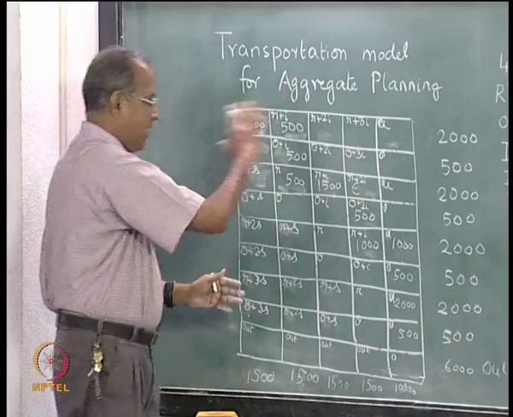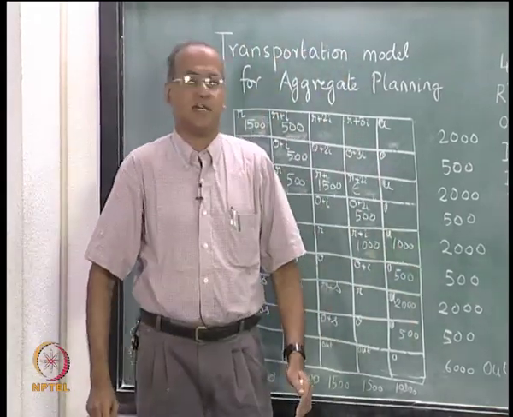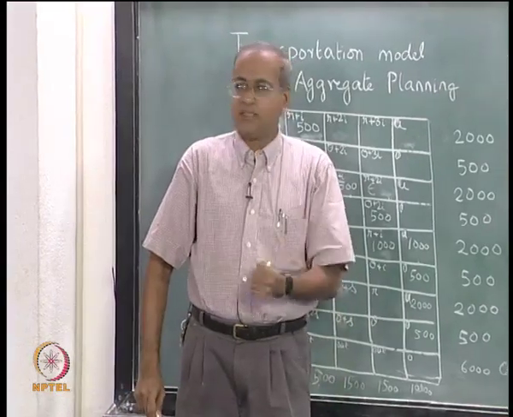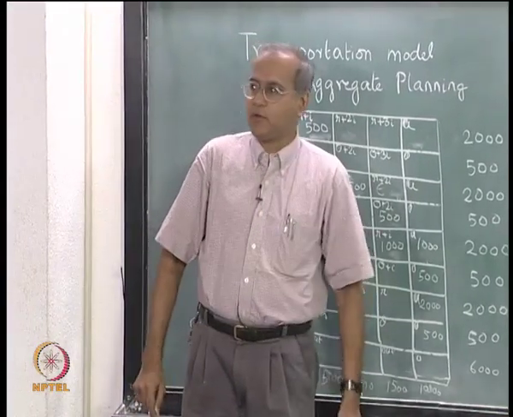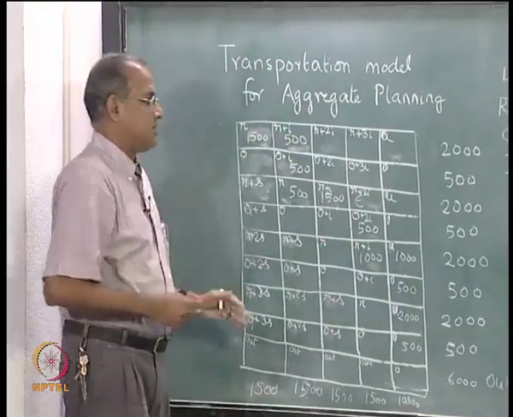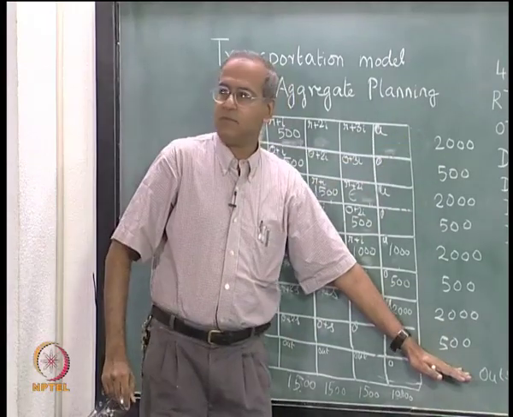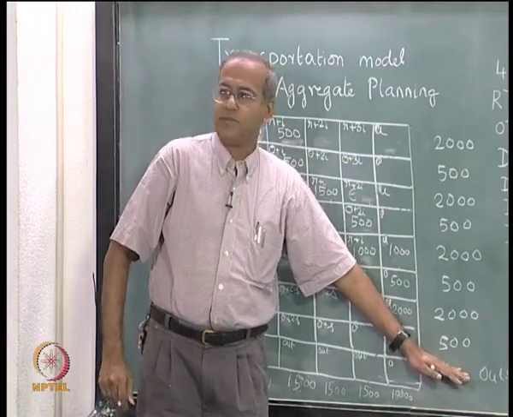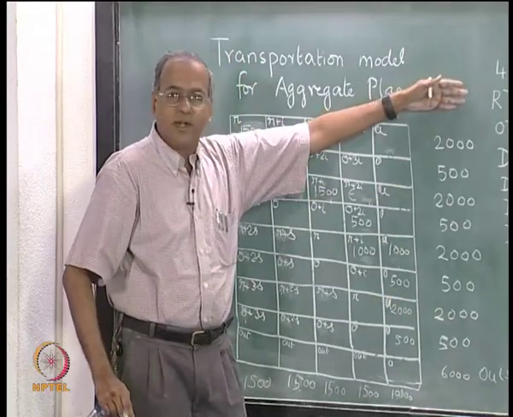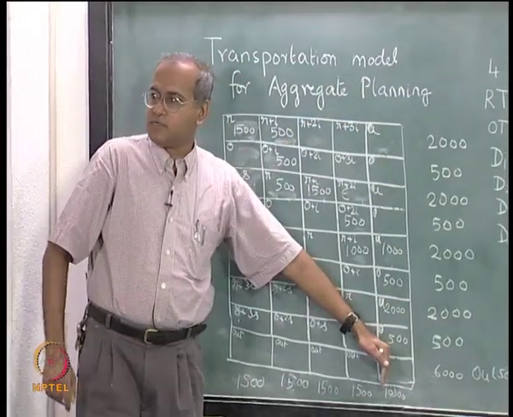Now, before I wind up, I can tell you that if we go back to the example that we considered, both in the tabular method and in the linear programming method, and if we modeled it as 12 periods, which means we will have 24 rows plus one initial inventory, 25 rows, plus 12 periods, 12 columns.